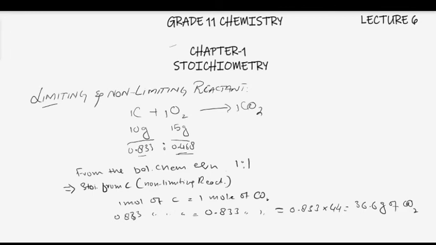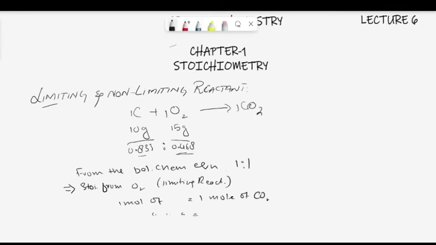But let's see this calculation from oxygen. So if we do the math from oxygen, that is the limiting reactant in this case, we know that 1 mole of oxygen will produce 1 mole of carbon dioxide. That is from the balanced chemical equation. What we have in hand is 0.468 moles of oxygen that, according to the balanced chemical equation, should produce 0.468 moles of carbon dioxide.